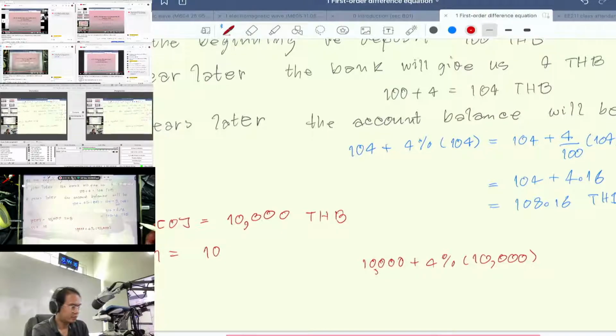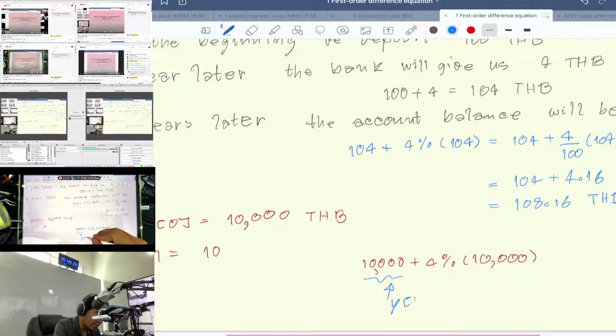So you can see here this is y n plus 1 plus 4%, and here is yn. Here is yn, right?